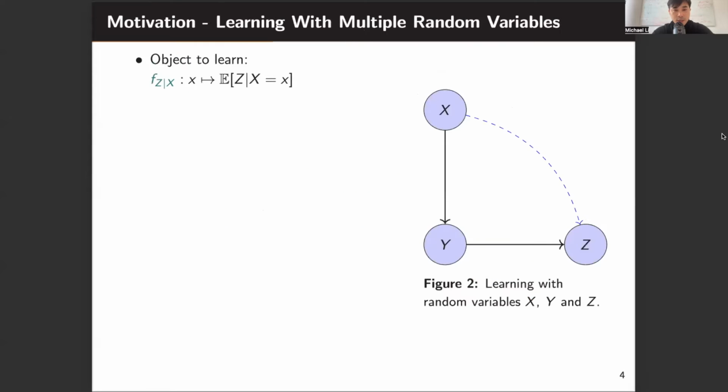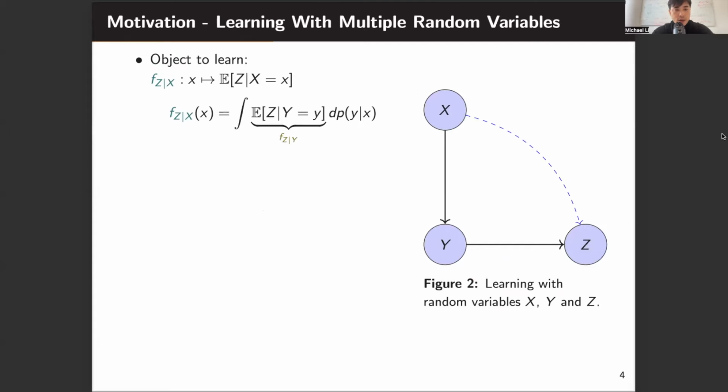However, in modern learning, we often encounter multiple random variables. So we not only have x and y, but also z involved. Now our objective changes to learning f_{z|x}, which is the conditional mean of z given x evaluated at any point x.